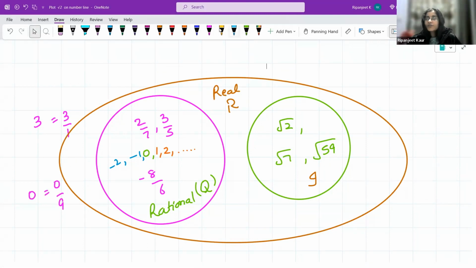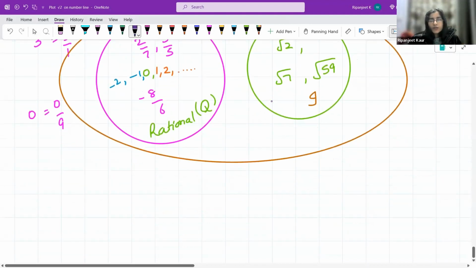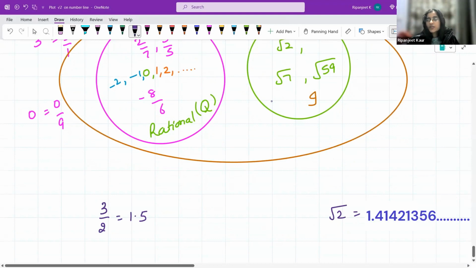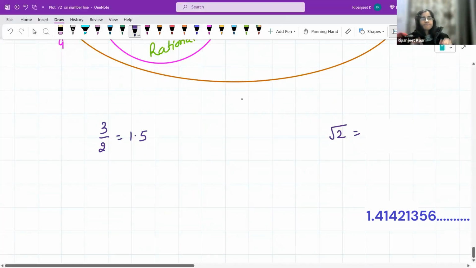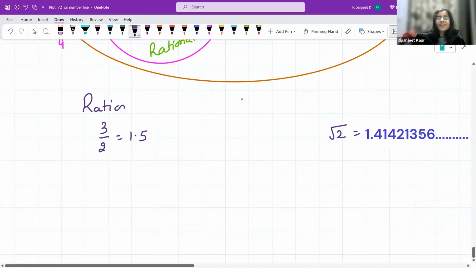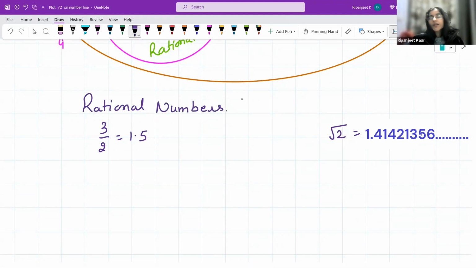After this, how can we identify whether a number is a rational number or an irrational number? Because we just saw that a rational number, for example 3/2, is 1.5, right? And we also saw √2 is equal to 1.414 and so on. How are we going to distinguish? For rational numbers, one way is that the remainder becomes 0.